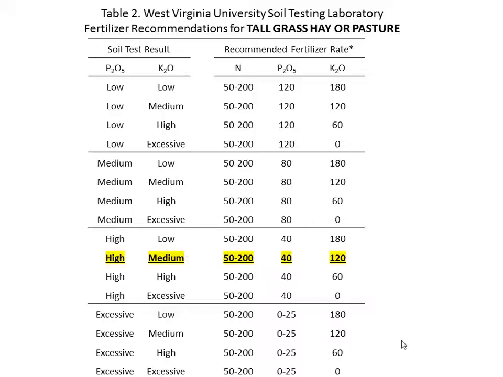Is there any kind of a recommendation of what kind of yield you're expecting? Okay. I took that off of that other slide and I should not have. What happens is on the soil test form, you tell them what your expected yield is. If you don't tell them, they're going to fill it in, and for tall grass, hay, and pasture, I think it's 3 to 4 tons per acre.